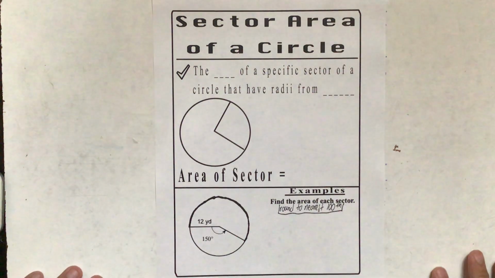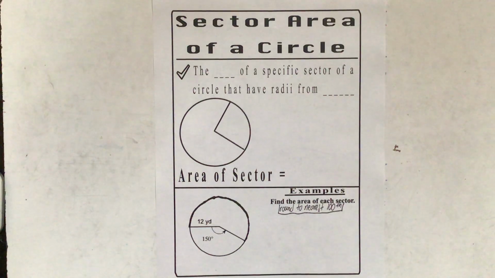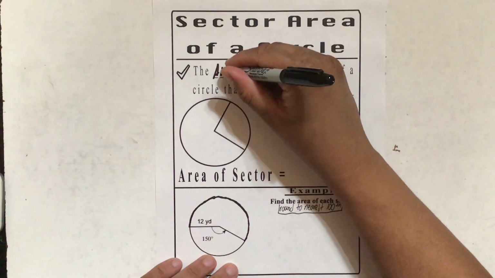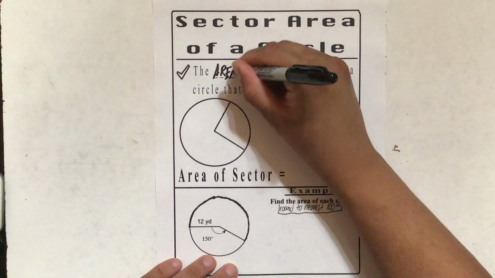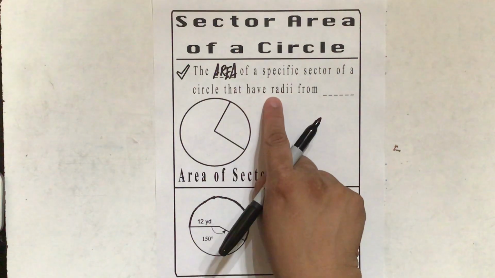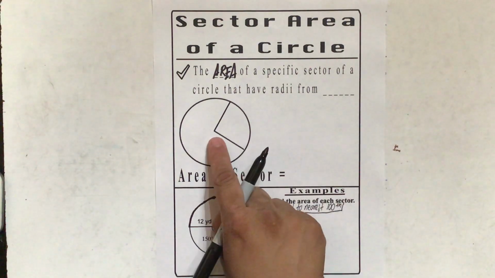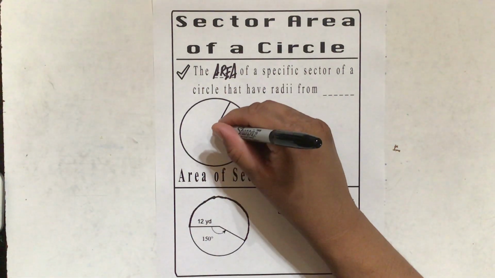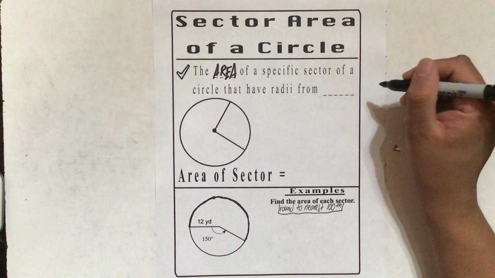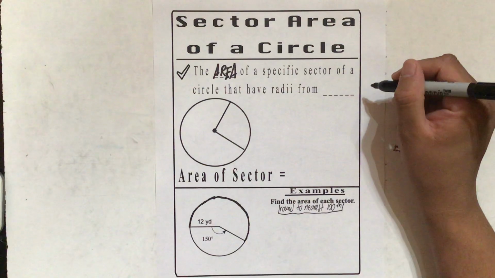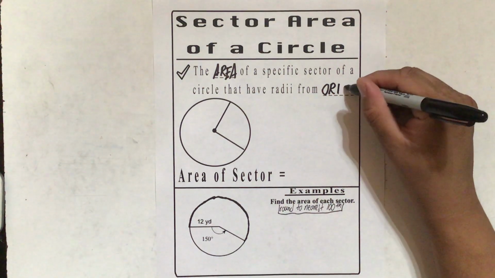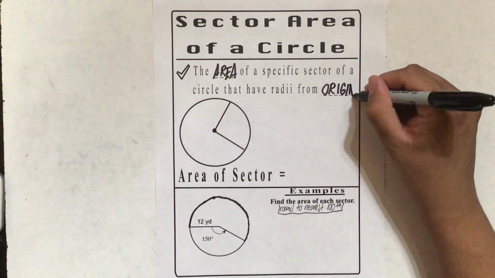Here is the area of a sector of a circle that has radii from the center, from the origin.